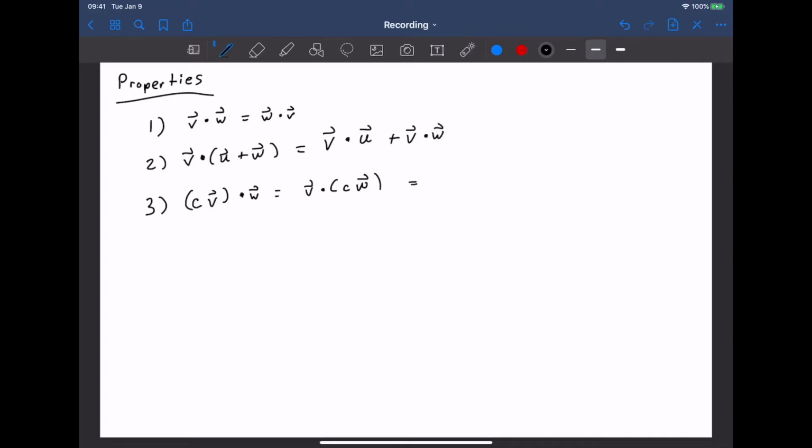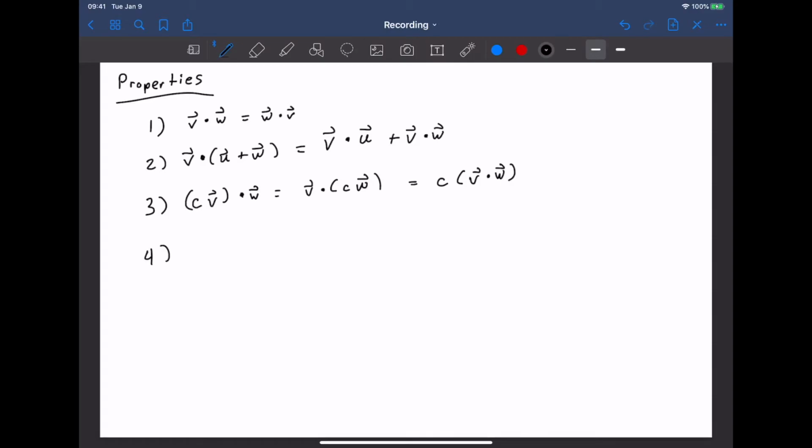Or it'll be the same as multiplying the scalar I'm getting out of v dot w with the scalar c. So again, remember v dot w would be a scalar, and we're just multiplying that scalar times this other constant c. Notice that c is a scalar constant. It does not have a hat, which means it's a scalar.